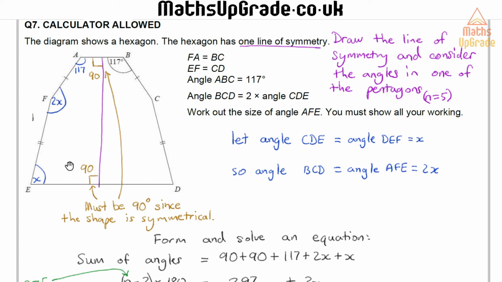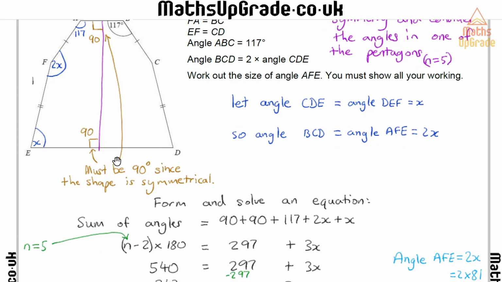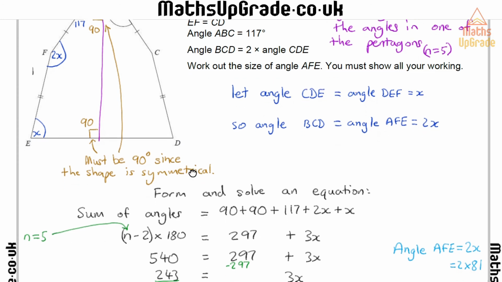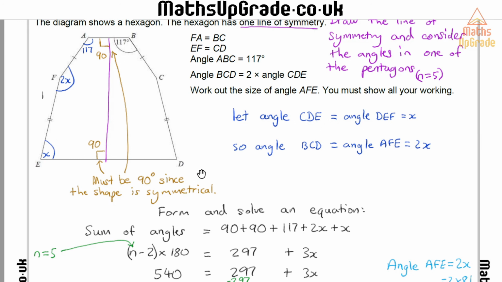Now I'm going to form an equation based on the sum of angles. The sum of angles in a pentagon is n minus 2 times 180. Well, n equals 5 for this pentagon, so 5 minus 2 times 180 gives me 540.